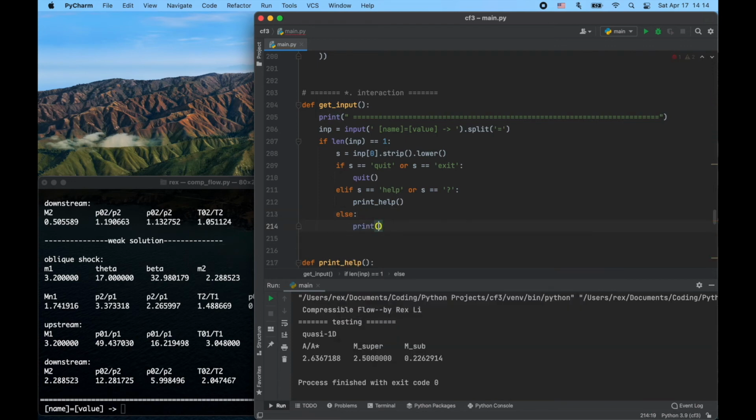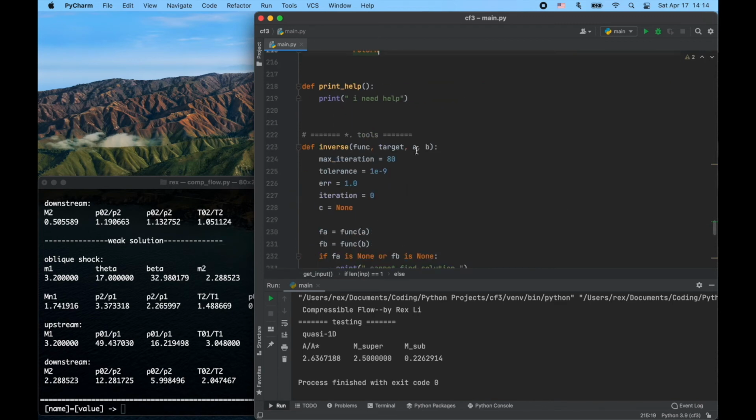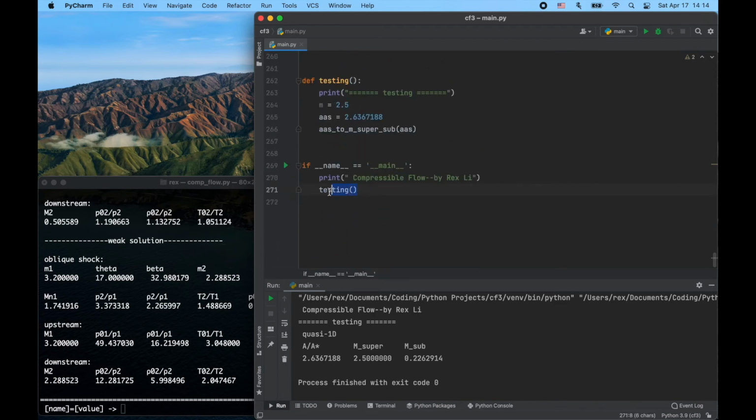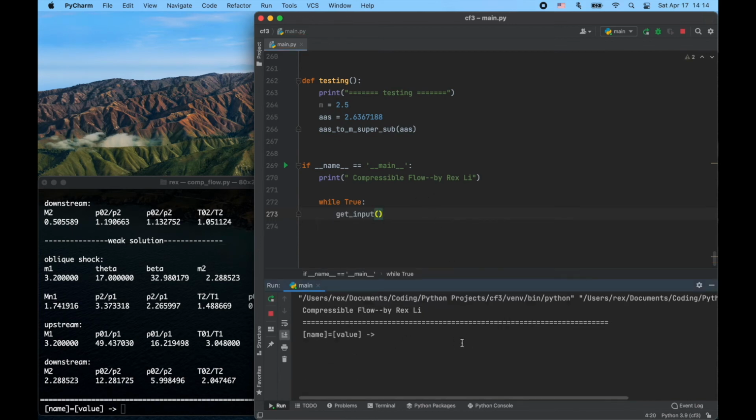So here, I'm not going to use that. We will call it while true, get input. Yeah, like that. So if I have something here, it's going to be wrong input format. If I have help or a question mark, it will say, okay, I need help, or whatever the help message is.